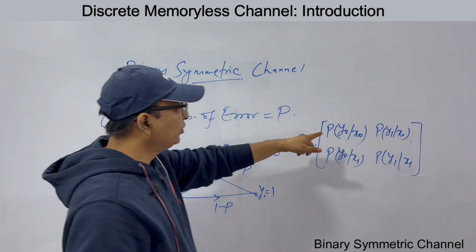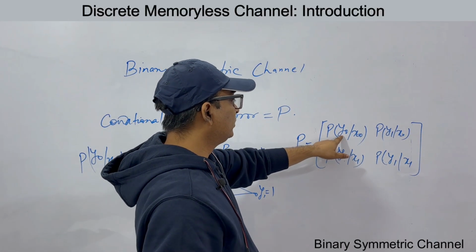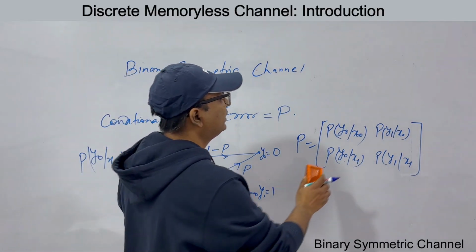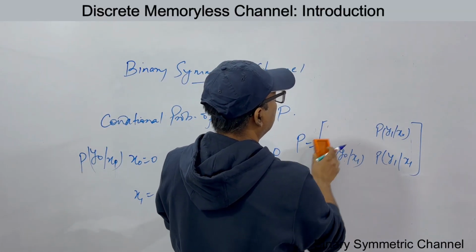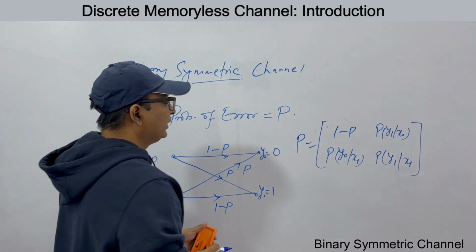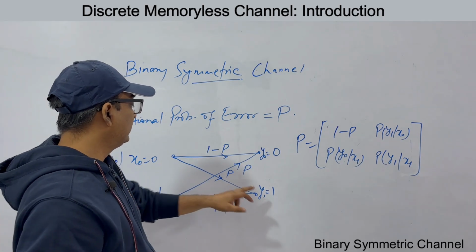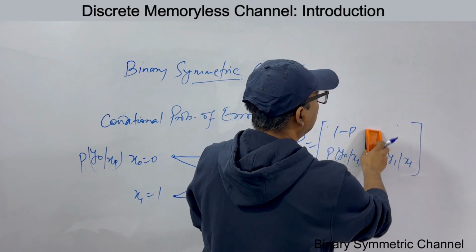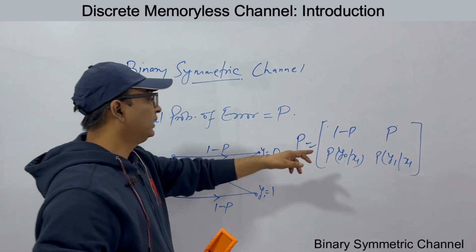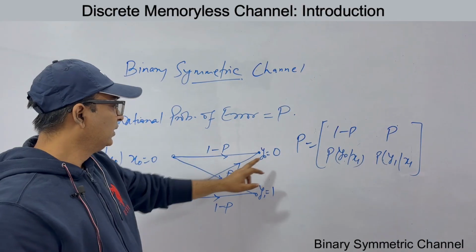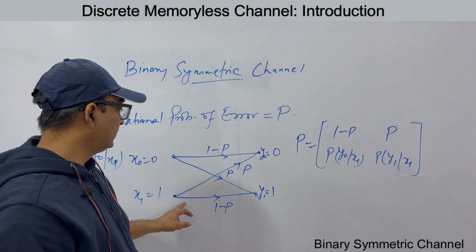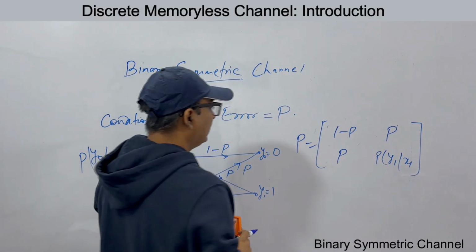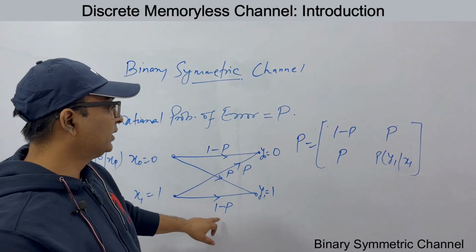You send x0 and you get y0: the probability is 1 minus p. Getting y1 when x0 has been sent, the probability is p. Getting y0 when x1 has been sent, this is p, and getting y1 when x1 has been sent, 1 minus p.